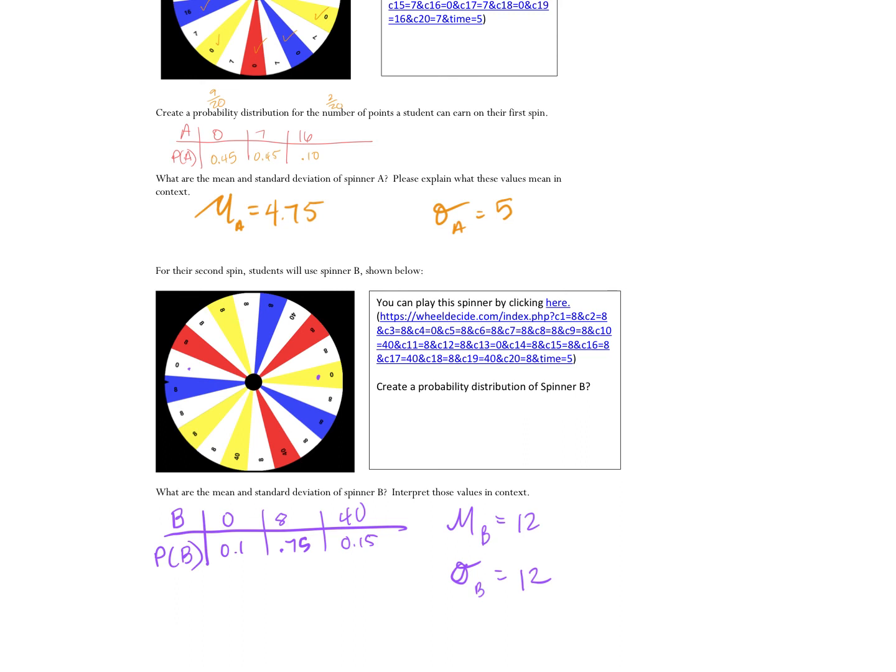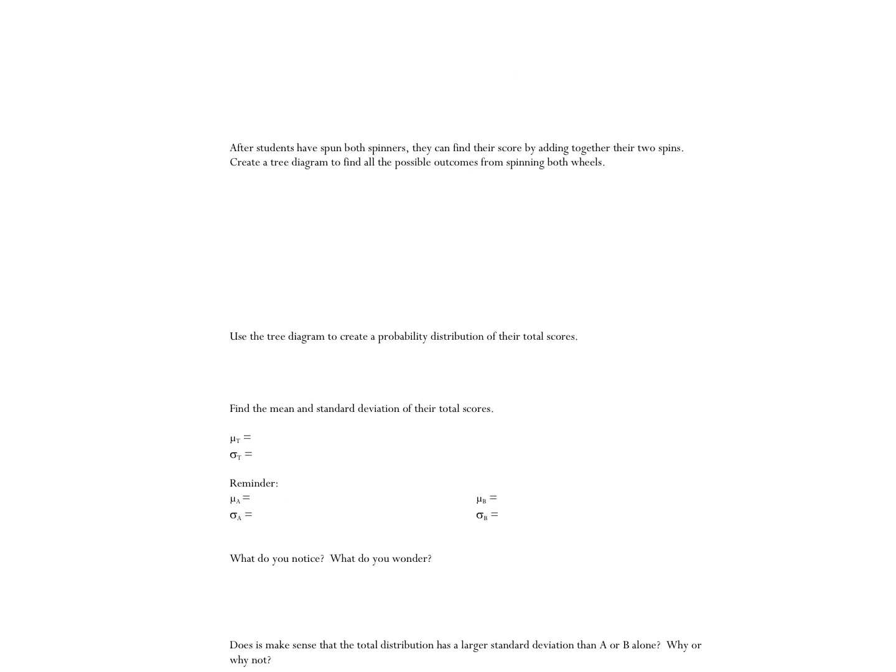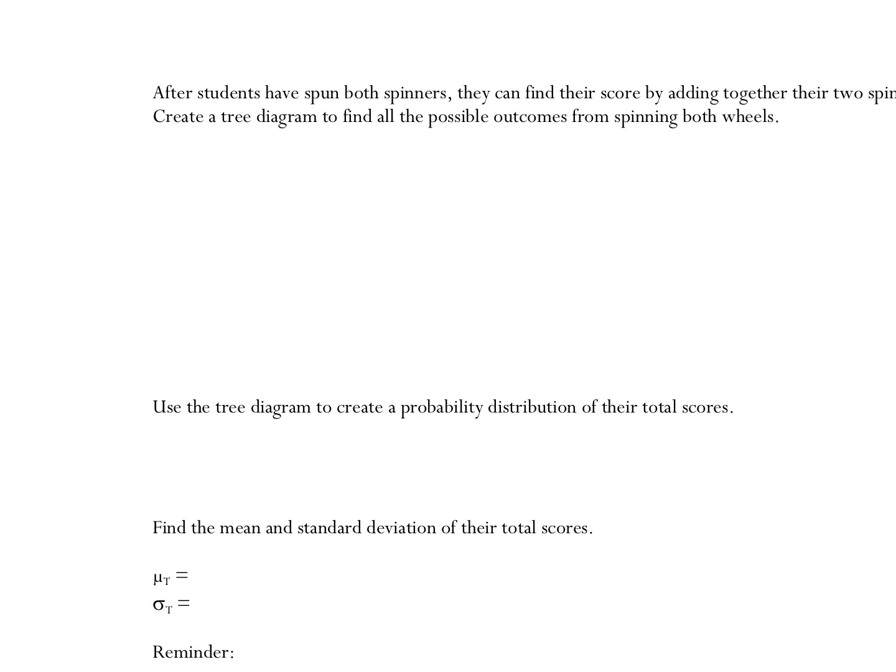All right, now, this next piece is we're going to create a new distribution that is adding together these two. So as we think this through, we should think through all the possible outcomes. So that first spinner, you could either spin a 0, a 7, or a 16.